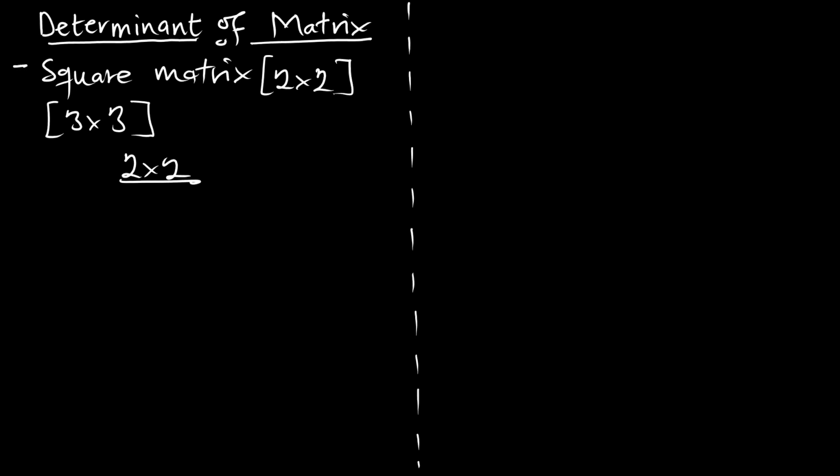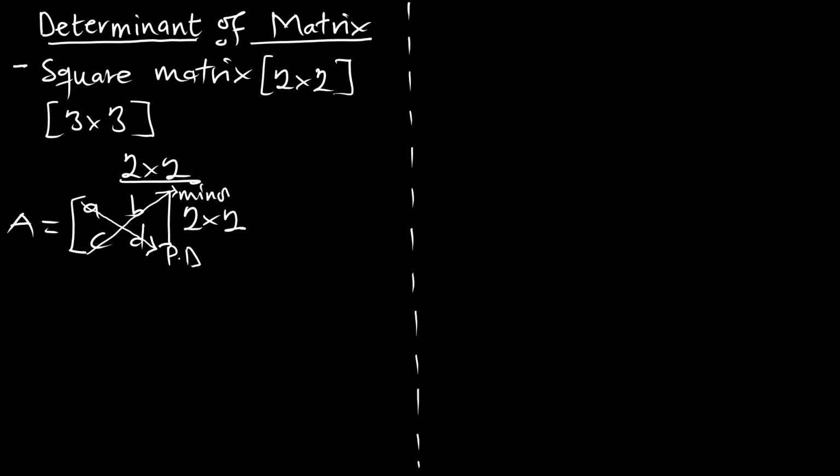So assuming we have a matrix A with the members being a, b, c, and d, a 2 by 2 matrix, how do we find the determinant of this matrix? We know that this diagonal is what we call the principal diagonal, and this is what we call the minor diagonal.